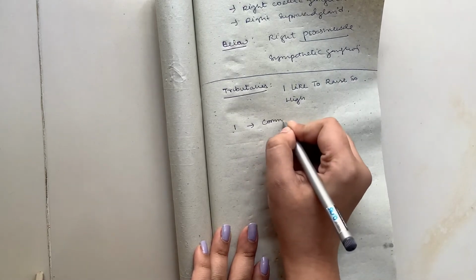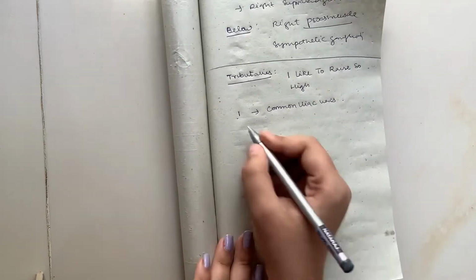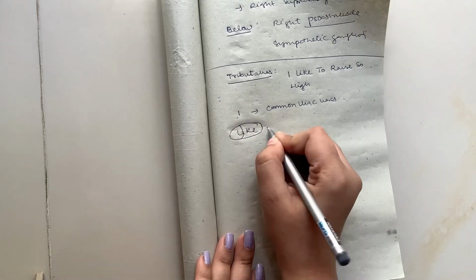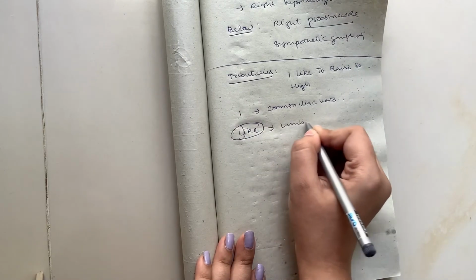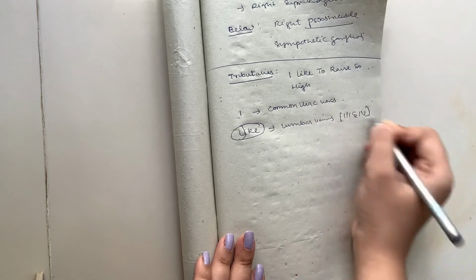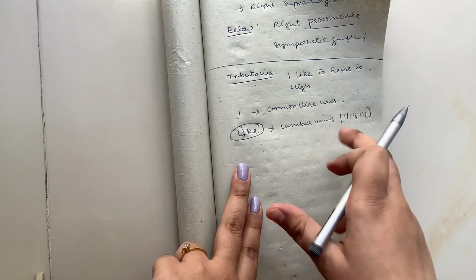So common iliac veins. And then L, you have lumbar veins. Basically you have the third and fourth lumbar veins, because the first and second lumbar veins do not end directly in the inferior vena cava.